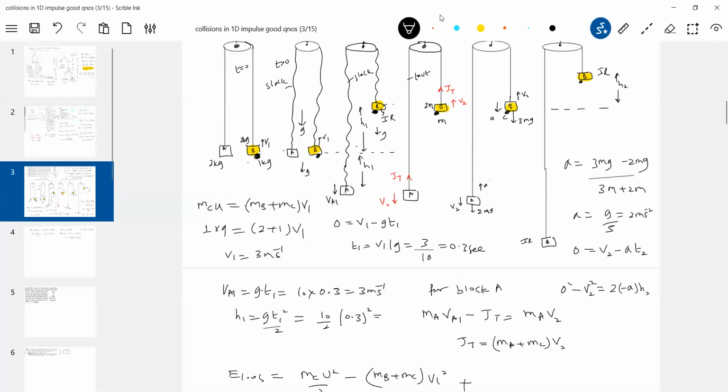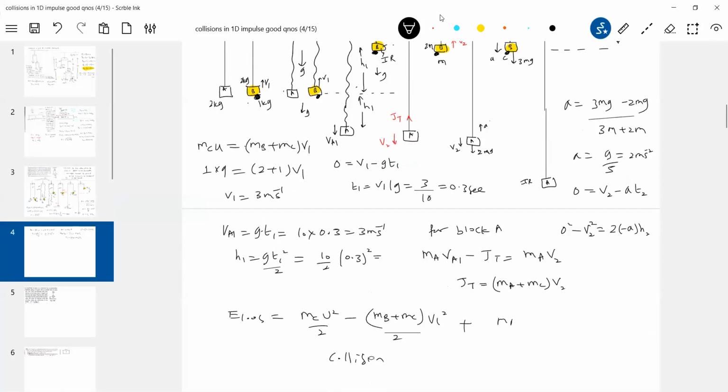So what was the energy here? MA VA1 square by 2 minus MA V2 square by 2 plus (MB plus MC)... So this is how you should interpret here.